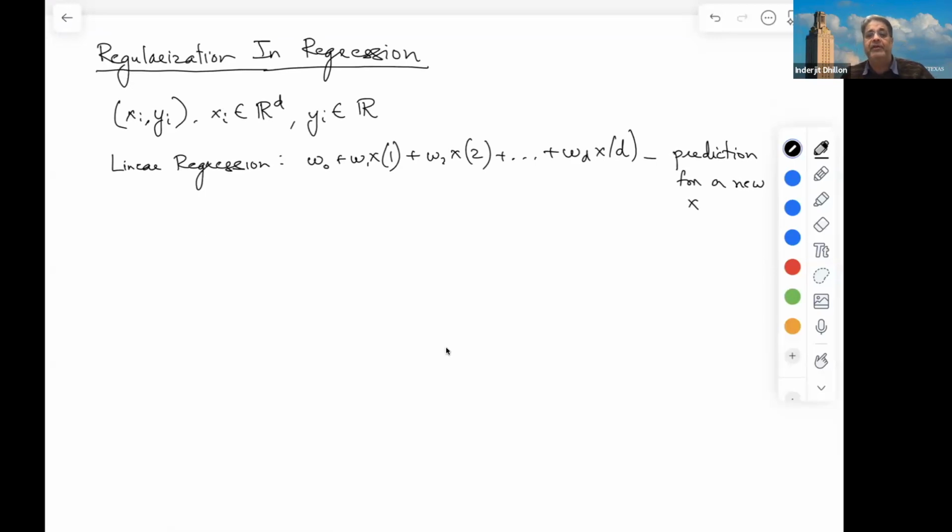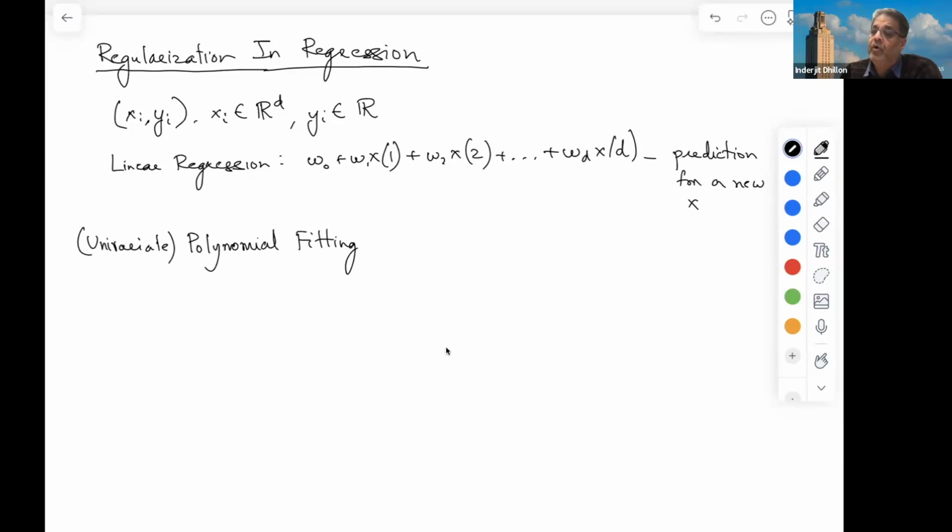So let's talk about a particular example, which I will use to motivate the need for regularization. Let's think about polynomial interpolation or polynomial fitting, and we'll talk about the simplest case, which is univariate polynomial fitting. What do I mean by that?